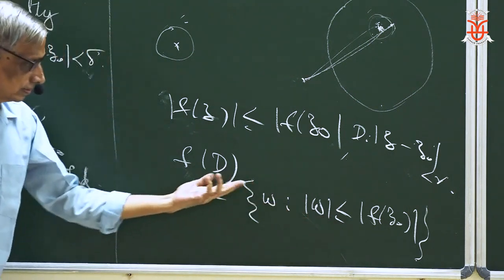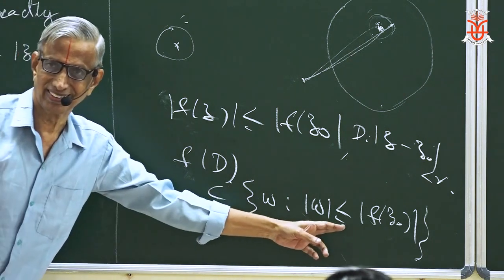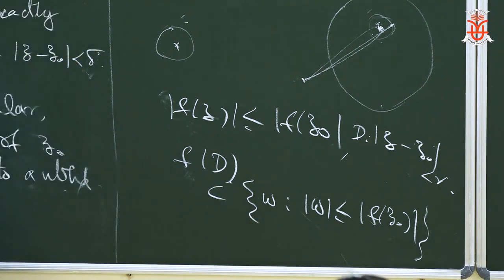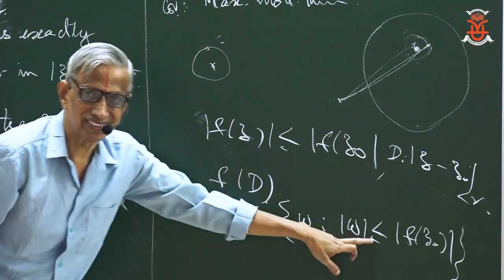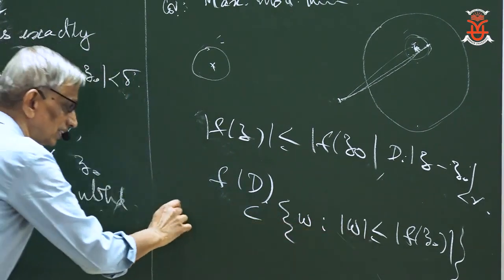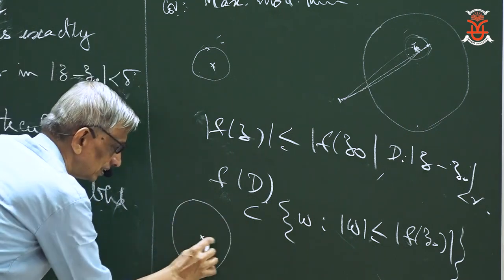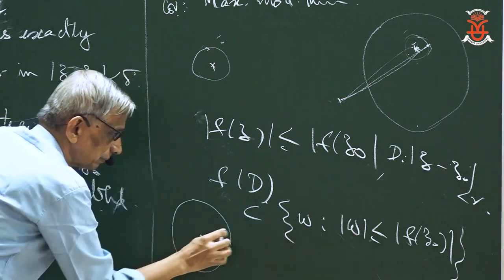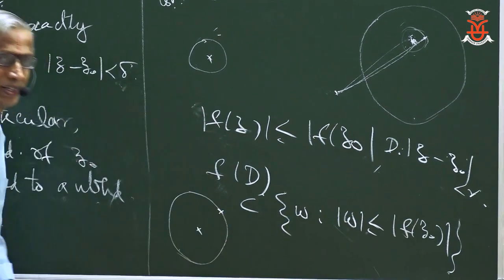But this is not a neighborhood of f(z0). Modulus f(z0) is on the boundary of this disk. You are looking at all w with mod w less than or equal to mod f(z0), which is somewhere here.